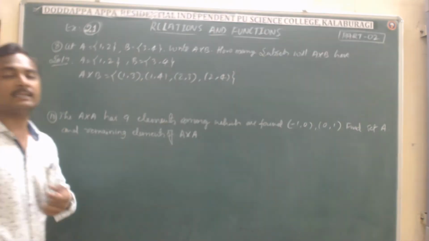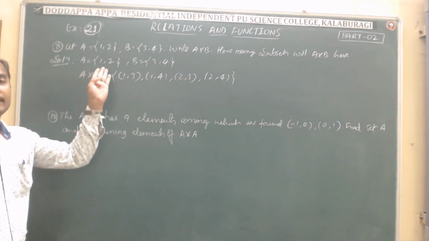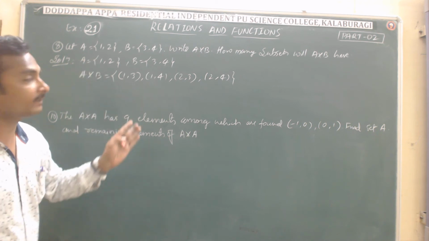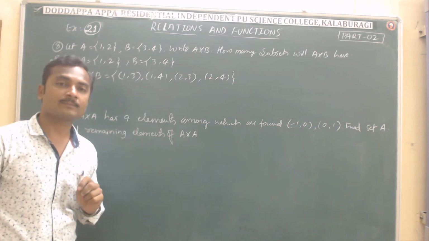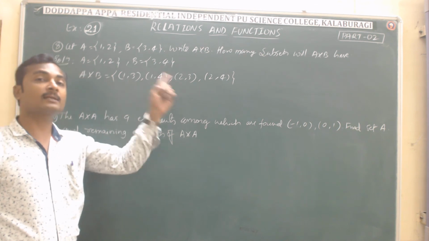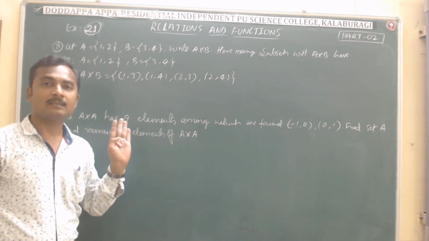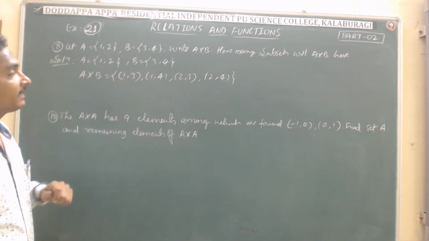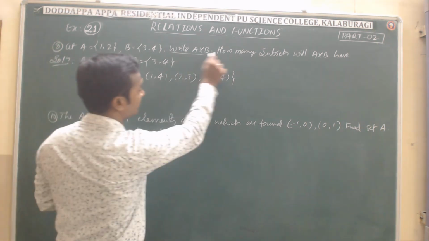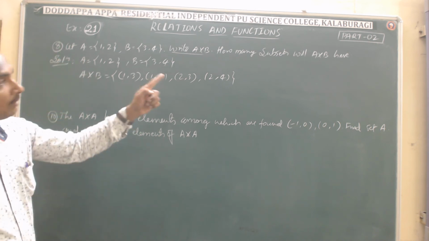Now you see in this, each element of the set A is related to every element of the set B. Therefore, that completes the Cartesian product. The next part is, we have written the Cartesian product A cross B. How many subsets?